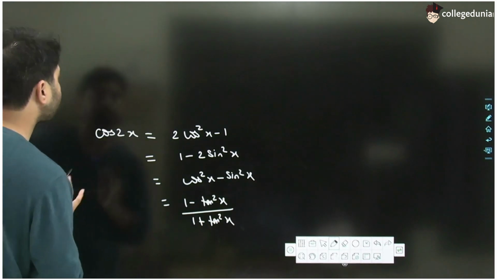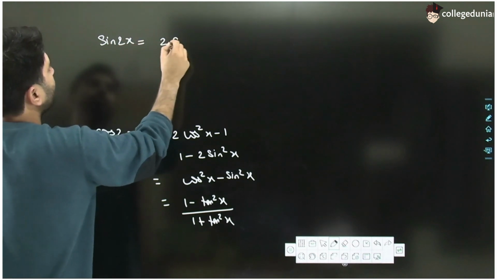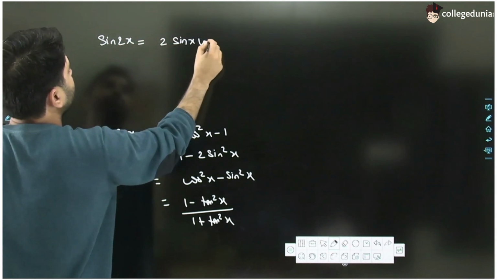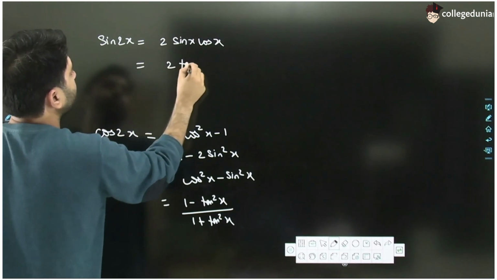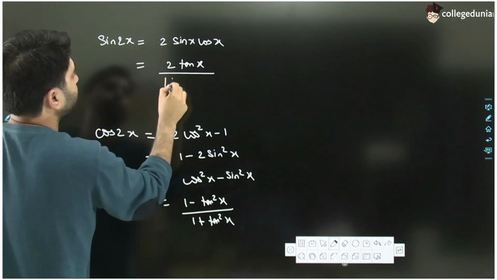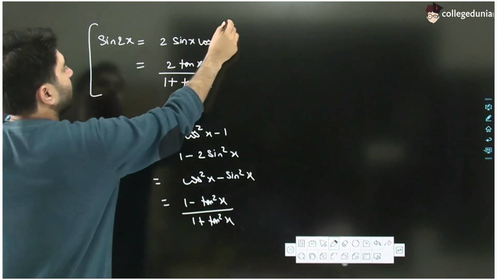And 2 formulas for sin 2x: the first one was 2 sin x cos x, and the second one was 2 tan x upon 1 plus tan square x.